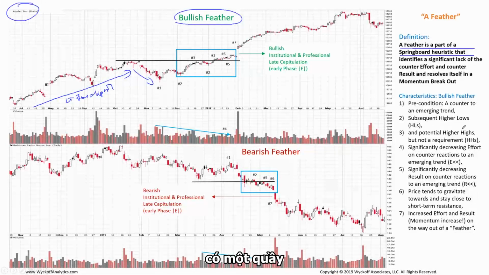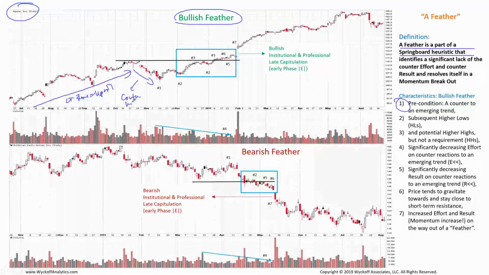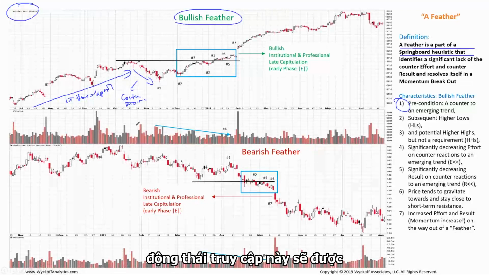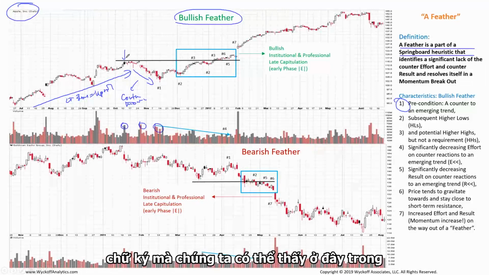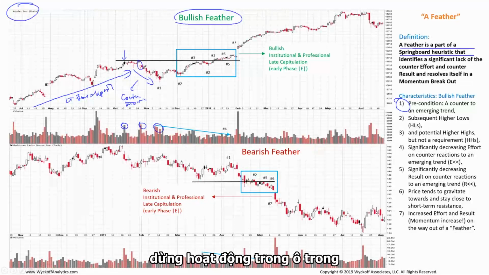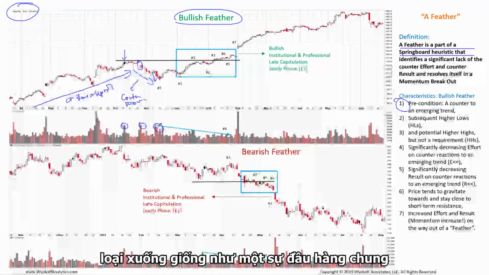Then we have a counter reaction to that. Counter move. This counter move is going to be associated with some of the supply signature that we could see here in the stopping action, in the selling, and then still, on the way down, a kind of general capitulation here.